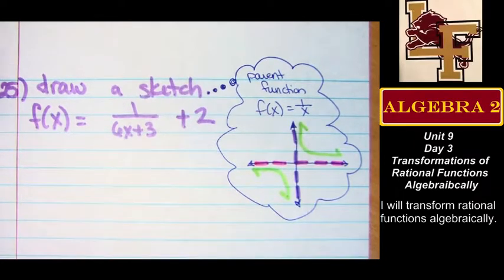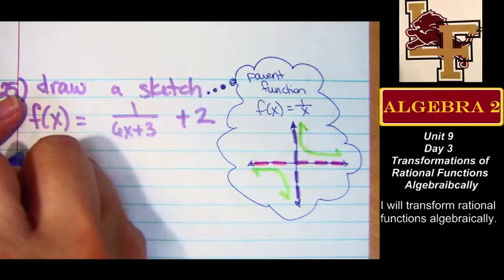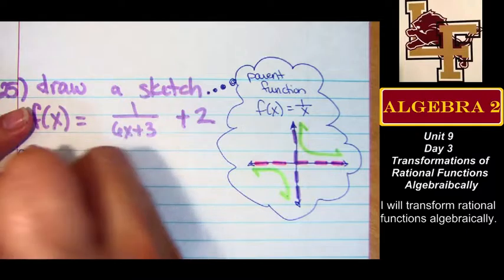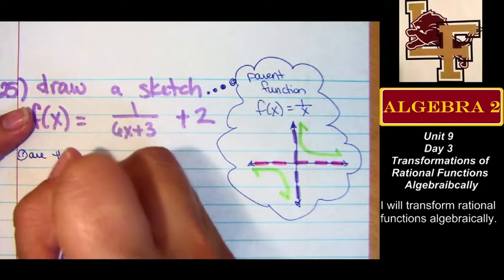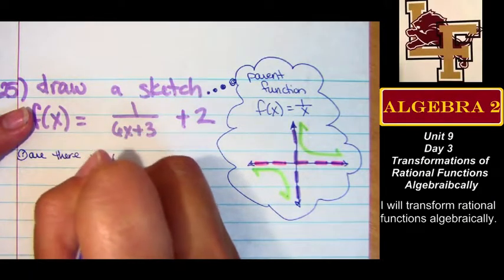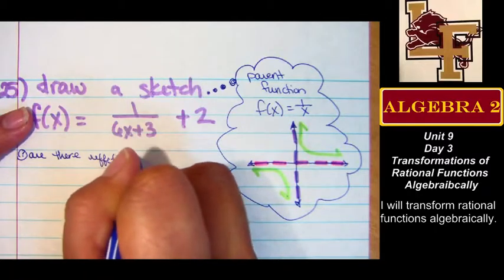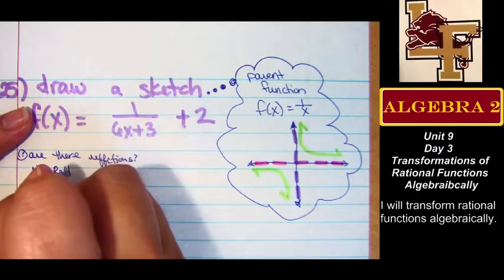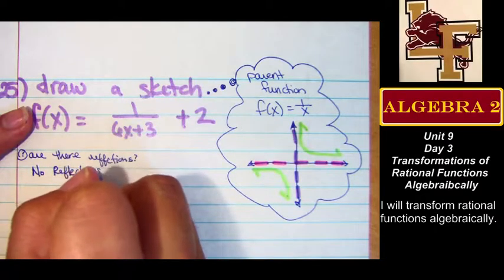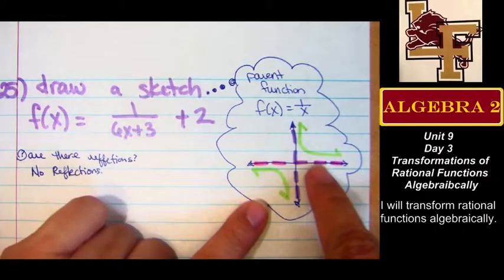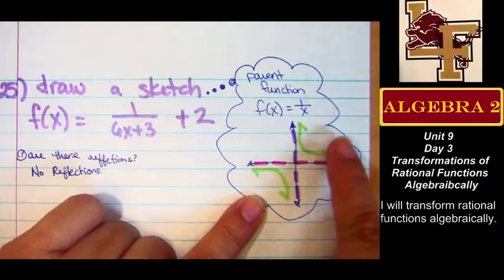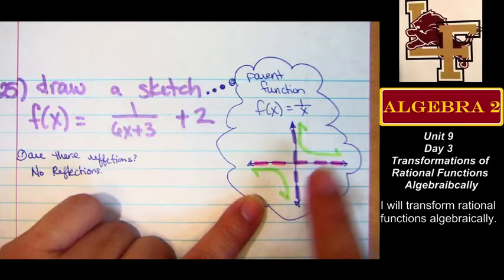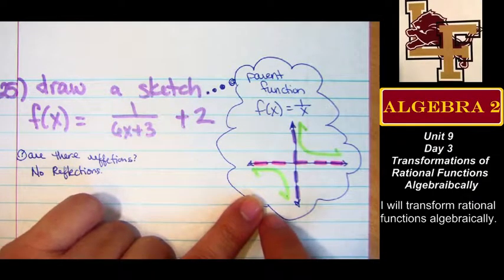So the first question to ask yourself, are there reflections? Good. No reflections. This means that it's going to be orientated this way. Something on the upper left of the asymptote, something on the lower left of the asymptotes.